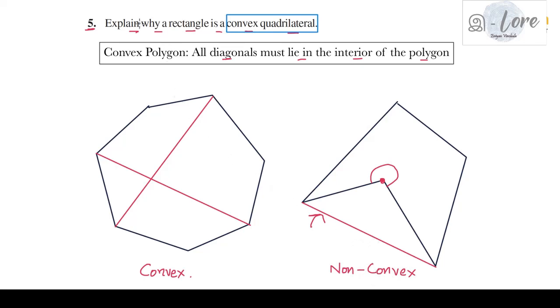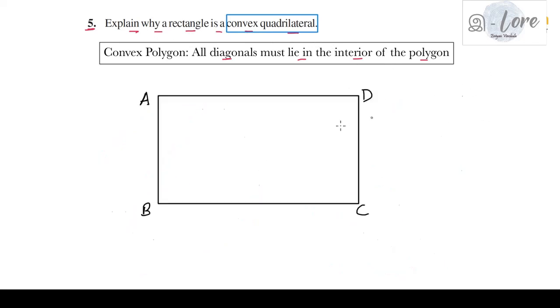So this question is about explaining why a rectangle is a convex quadrilateral. And now after this discussion, the solution should be quite straightforward. Let's look at any rectangle. Let's take this rectangle ABCD. Now there are only two diagonals we can draw in this rectangle. So we have the diagonal AC and we have the diagonal BD.